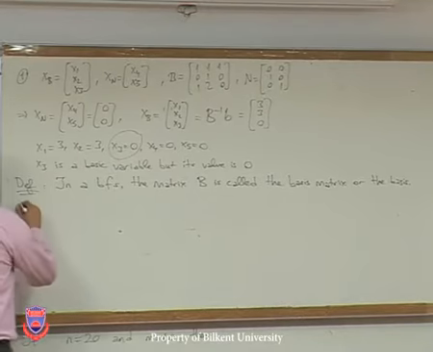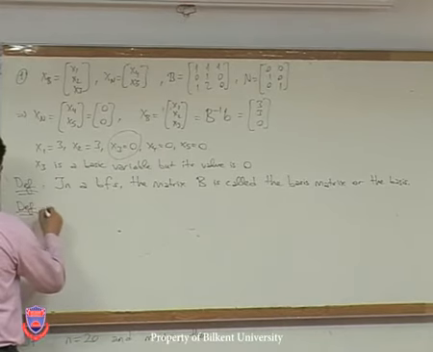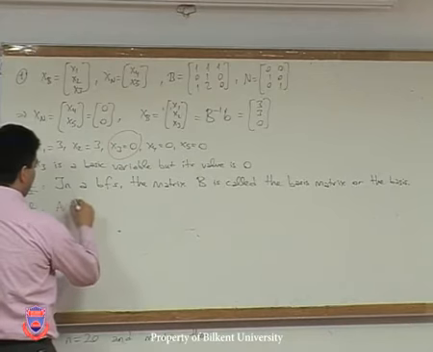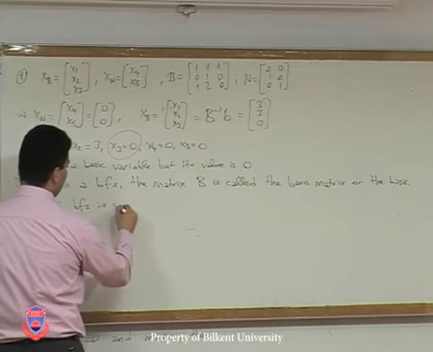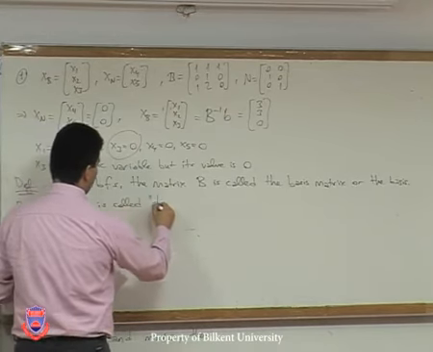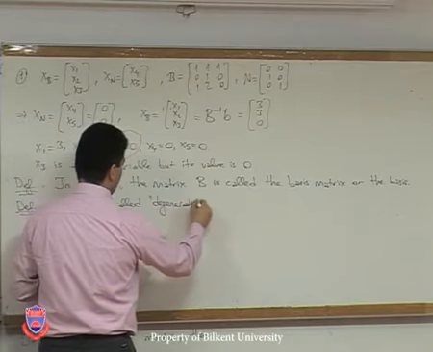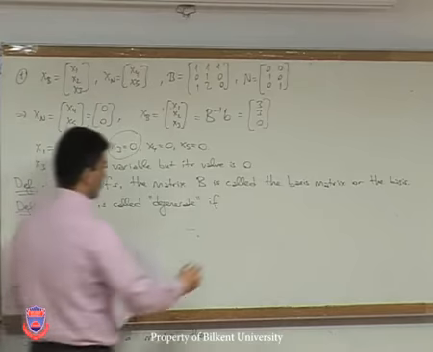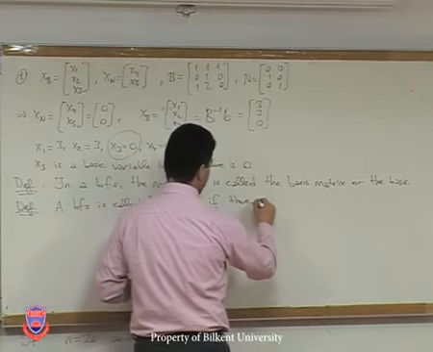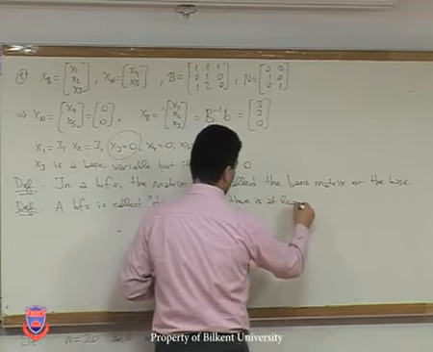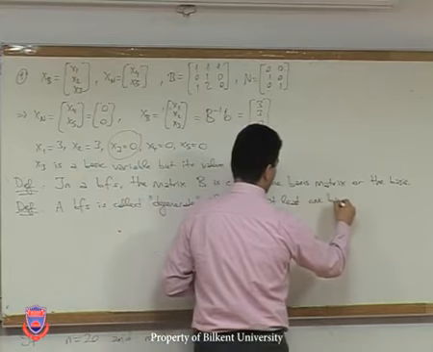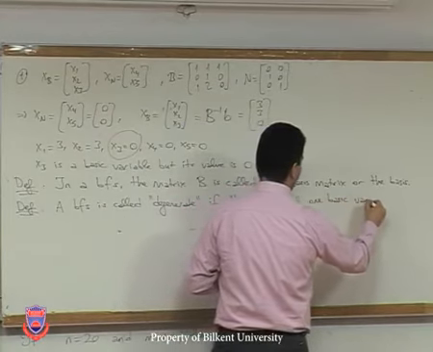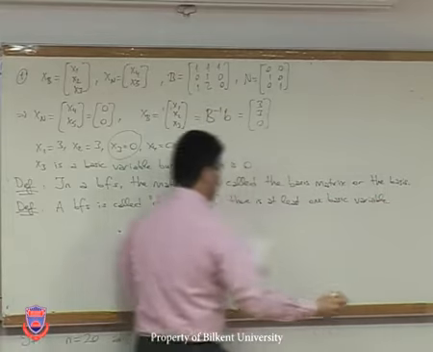Here's another definition. A basic feasible solution is called degenerate if there is at least one basic variable whose value is equal to 0.